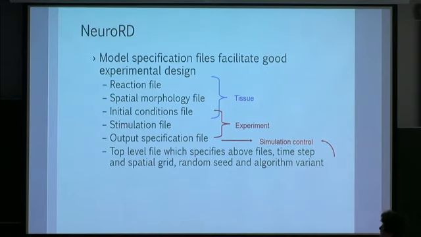And this is really the experiment, though there's some overlap, but this allows you to say, well, how does the morphology affect what I'm doing, and then you know you've maintained the same reactions because you're using the same file. Or how does, in this case, the frequency of my stimulation, sorry, that would be the stimulation file, how does the frequency of my stimulation affect my output, my kinase activation, and it's just much easier to keep track of.